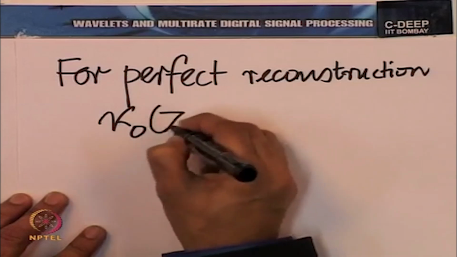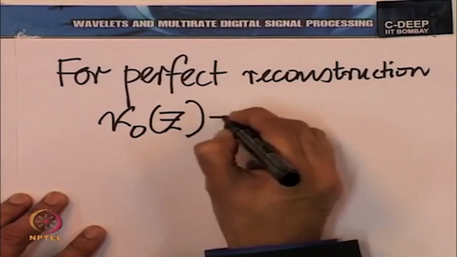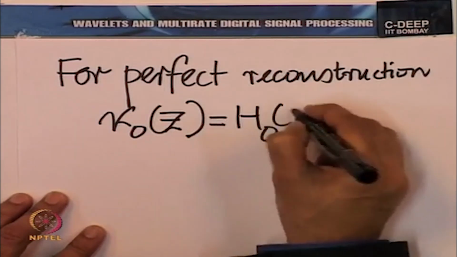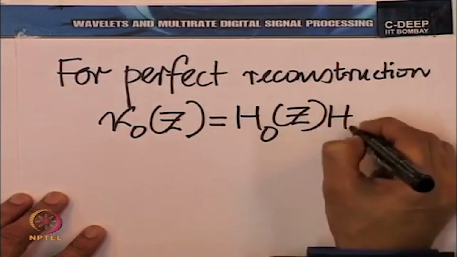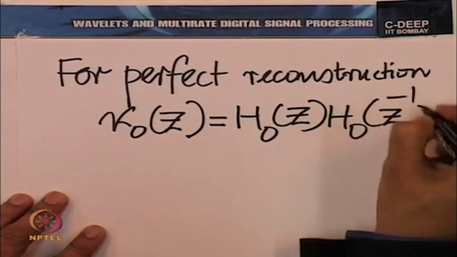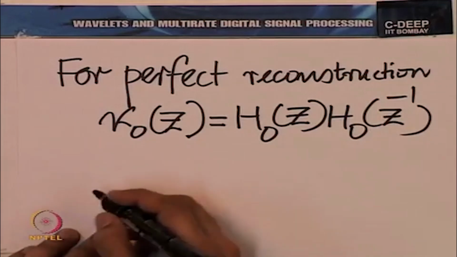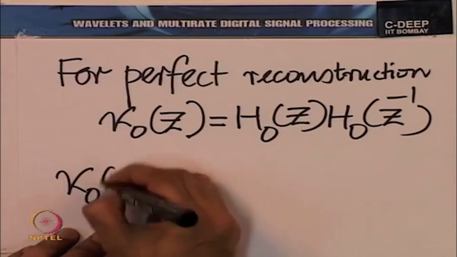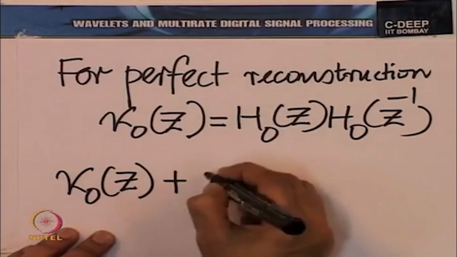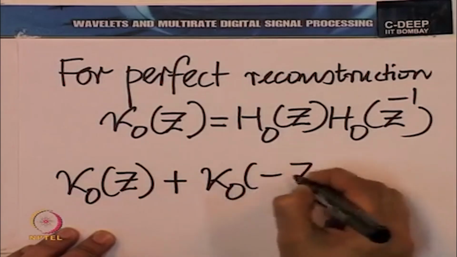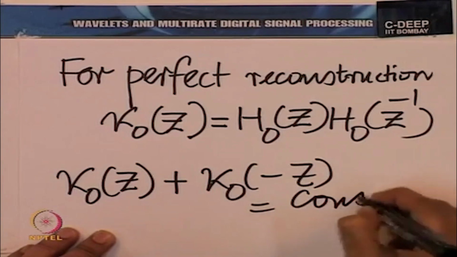So, let us define kappa0(z) as H0(z) H0(z inverse). What we are saying is that for perfect reconstruction, we require kappa0(z) plus kappa0(minus z) to be a constant.